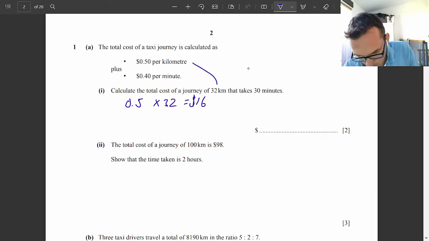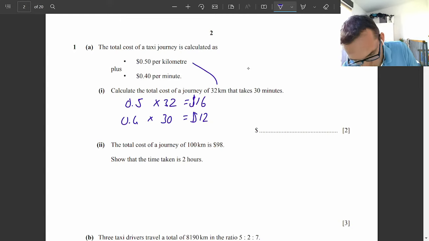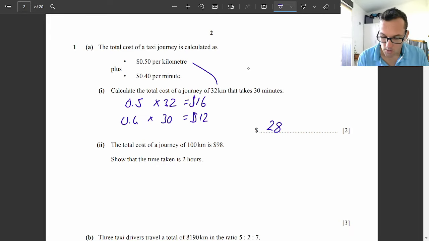And then the minutes is 0.4 times 30, which will give us $12. Add them together, $28.